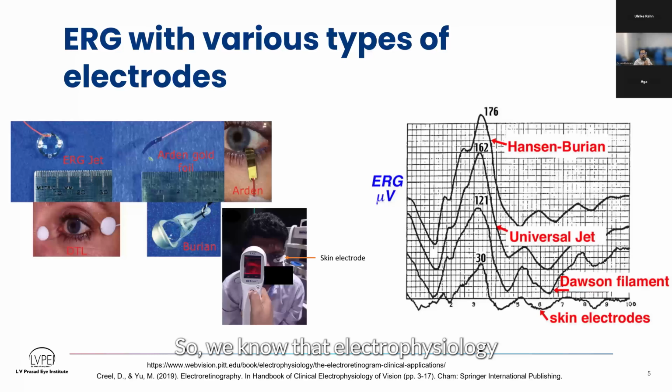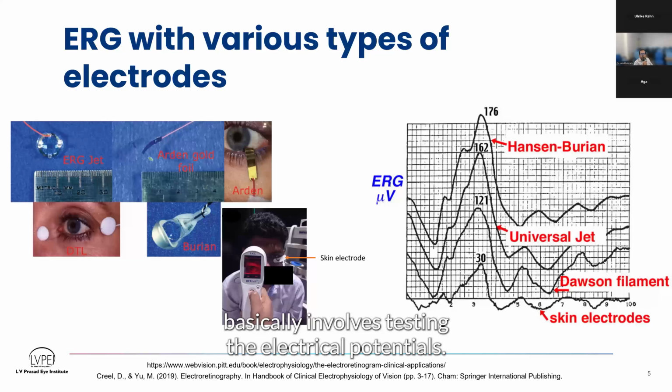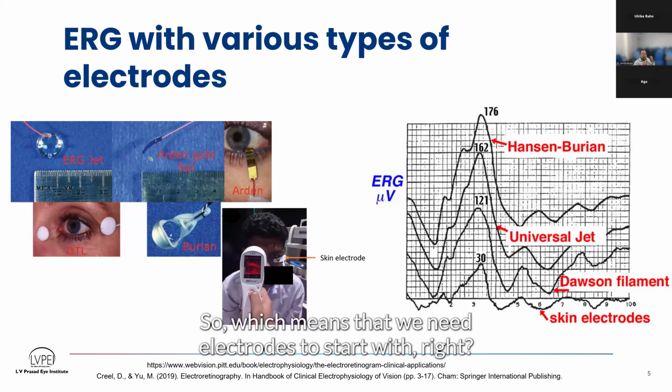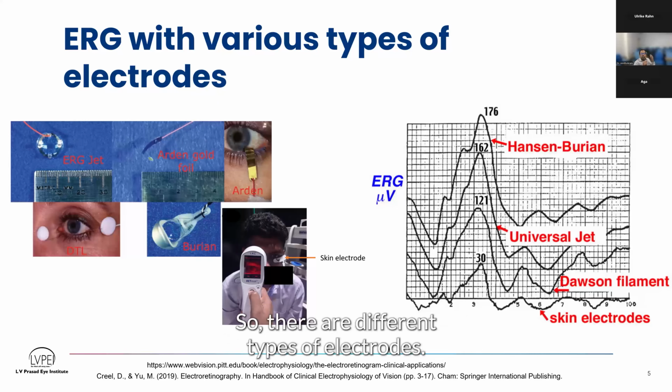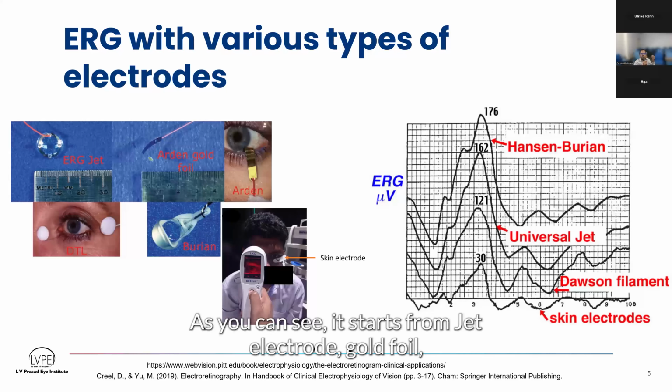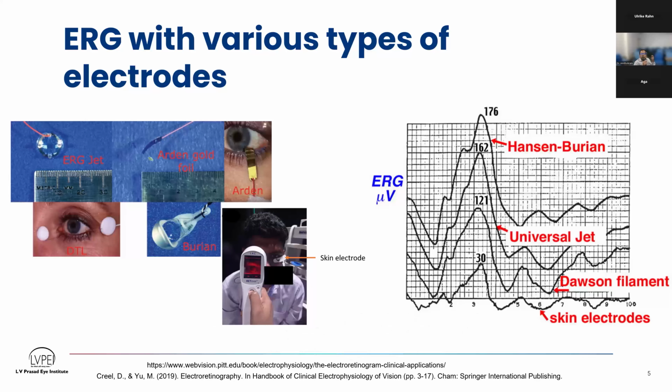So we know that electrophysiology basically involves testing the electrical potentials, which means that we need electrodes to start with, right? So there are different types of electrodes. As you can see, it starts from the Z electrode, gold foil, and we have the DTL, Retinal.